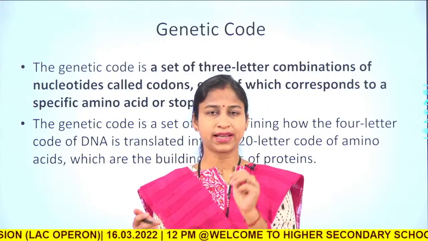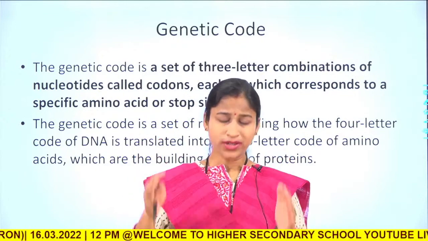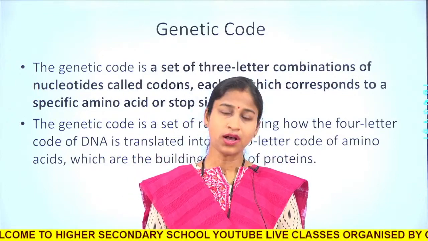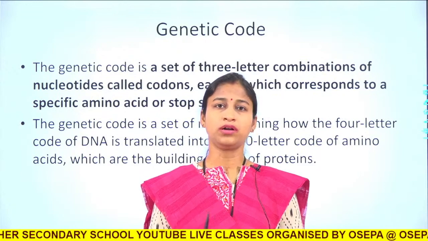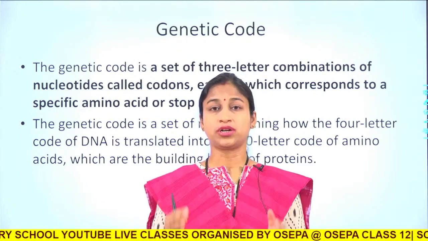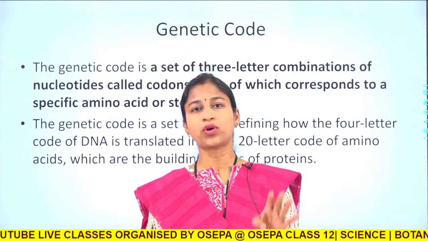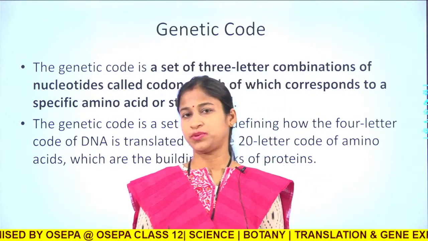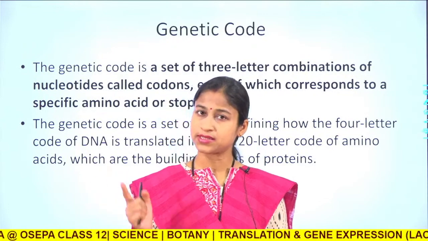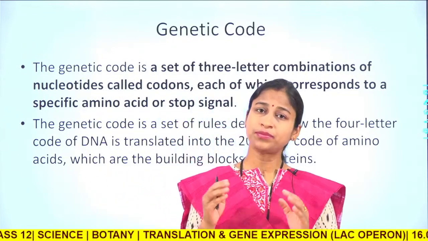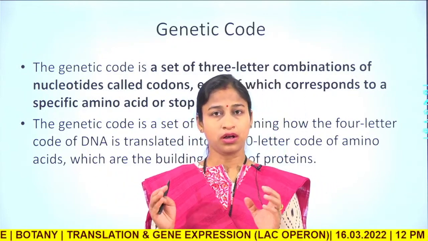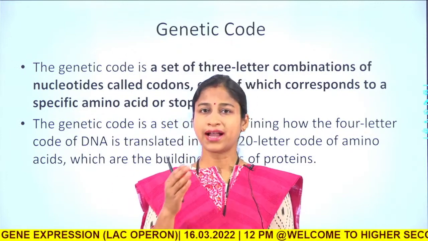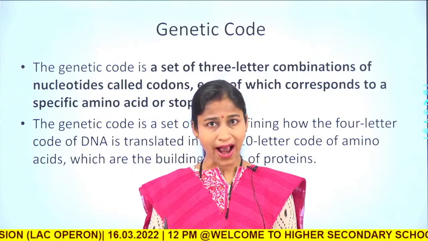The triplet codon has to be a 3-letter word, and the permutation combination gives rise to 64 codons which code for 20 amino acids. Out of these 64 codons, 61 codons code for amino acids, and 3 codons act as stop codons.